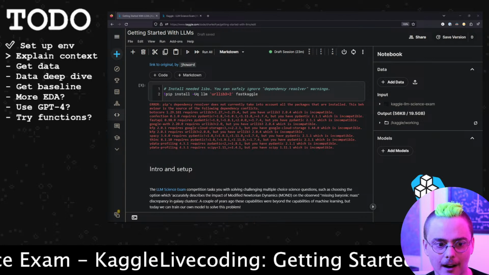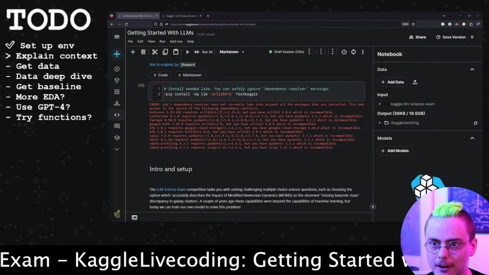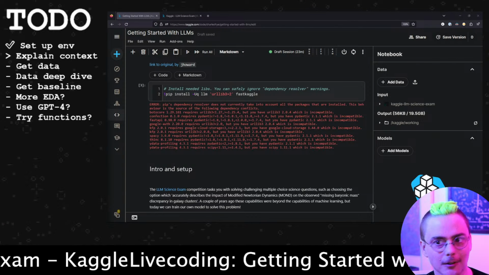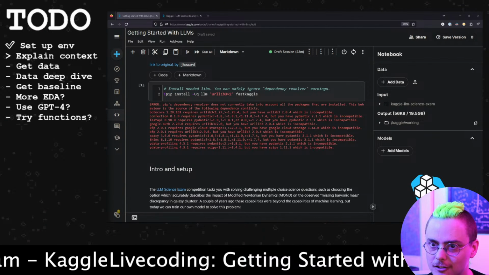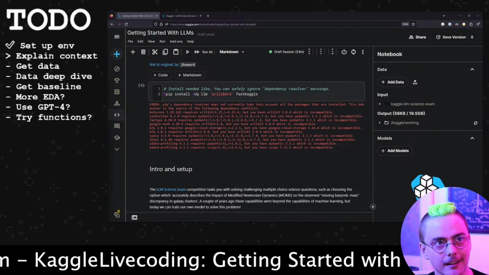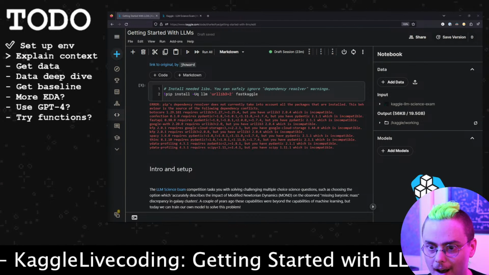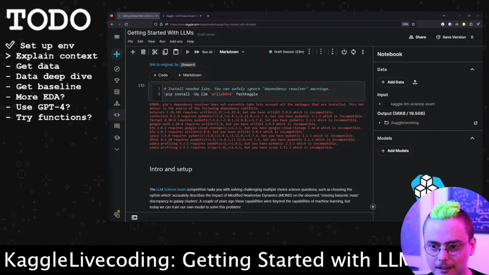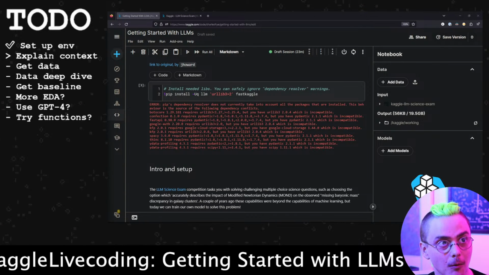What I am doing today is working through this cool little notebook that Jeremy Howard of Fast AI shared recently. It is a Kaggle notebook, so it's associated with a Kaggle competition. If you're in the Kaggle community, this is a fun competition you might be interested in.